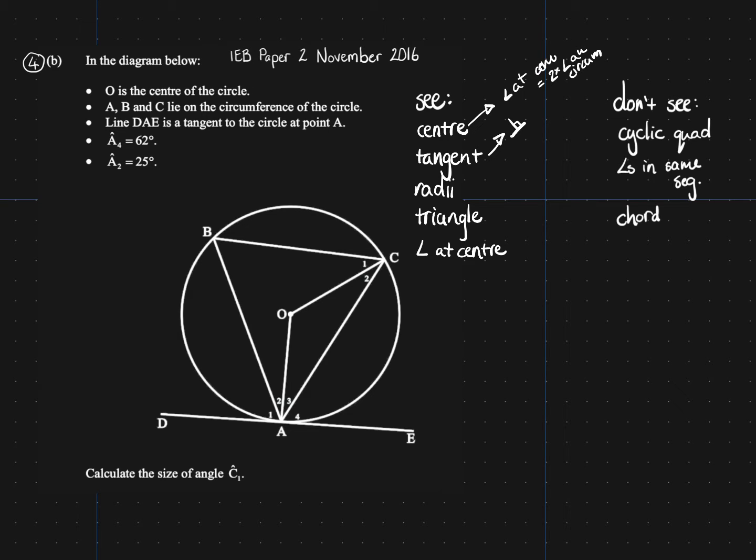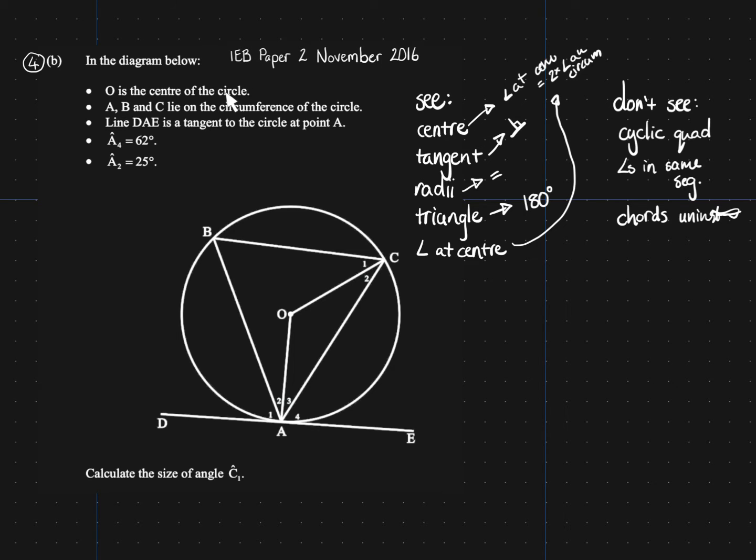Chords, well, I do see chords, but they're uninteresting. It's tangents, they're 90 degrees, radii are equal, triangles, supplementary, and angles at center equals 2 times angle at circumference. And really, I'm thinking about all of those things before I even read the information. But now that I've started jogging my memory, let's go through it.